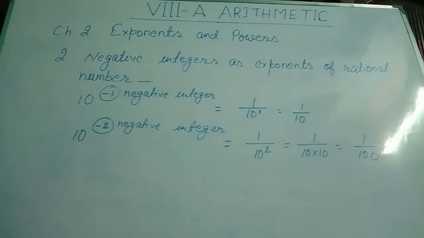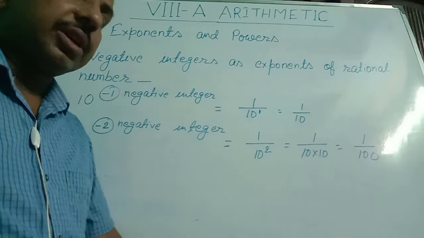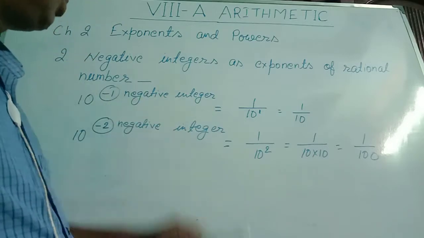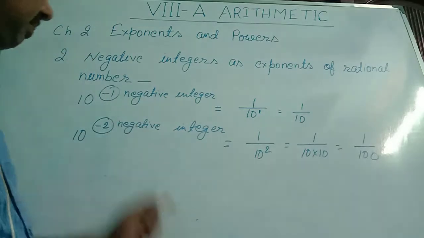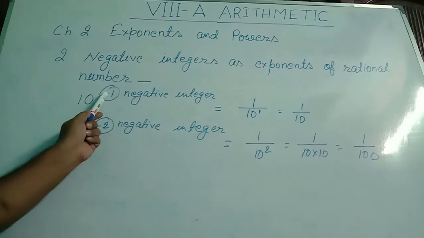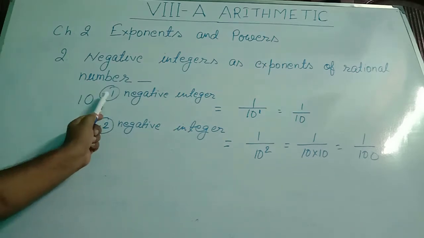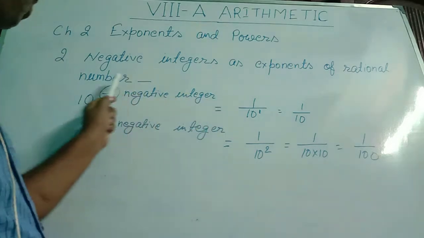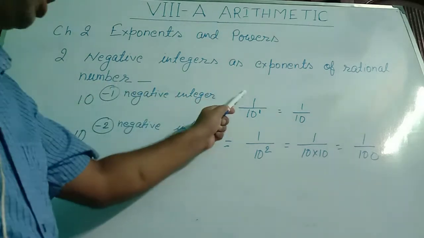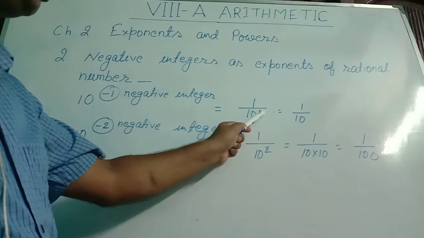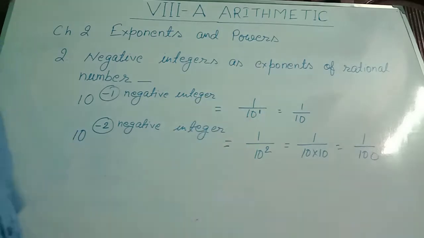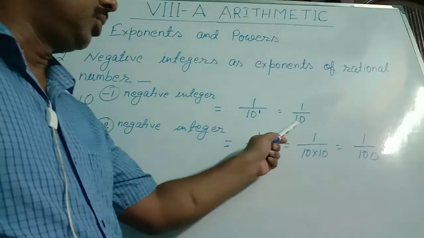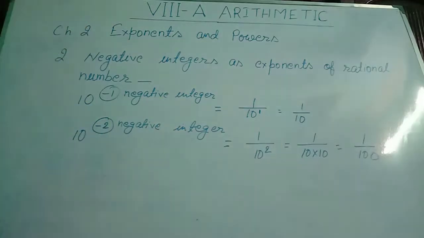then to change that into a positive integer, we write the reciprocal of that number. 10 to the power minus 1: if we want to change this into plus 1, then we write the reciprocal of this, 1 by 10 to the power 1, then this one will be positive. Then if we calculate, we get 1 by 10.